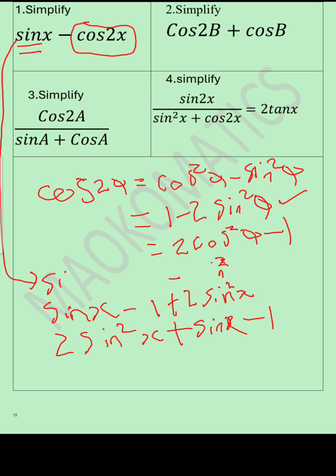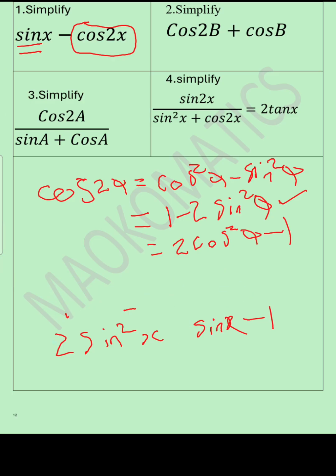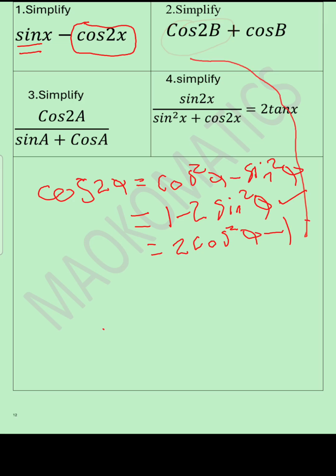Now, how will you simplify this other one? How do you change this double angle identity? Of course, this one involves cos only, so it changes to the one that has got cos only.